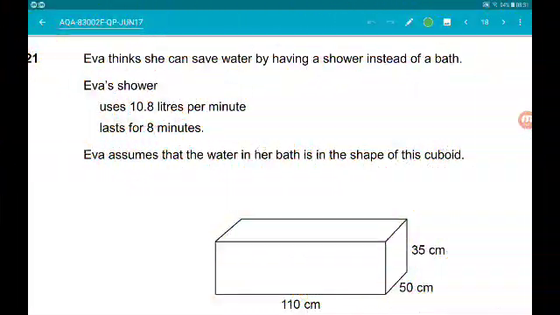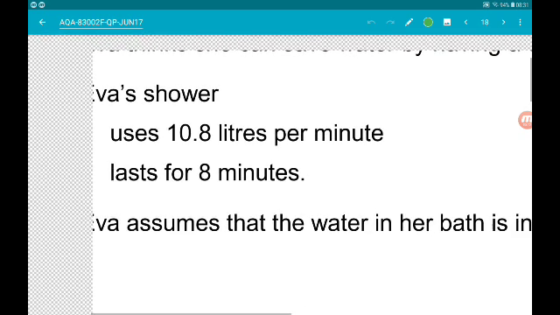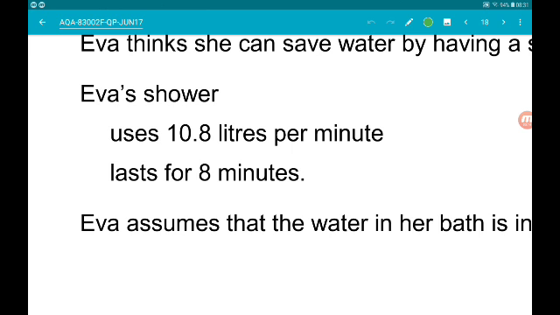Okay, question 21A, 5 marks again. So, Eva thinks she can save water by having a shower instead of a bath. A shower uses 10.8 litres per minute and lasts for 8 minutes.